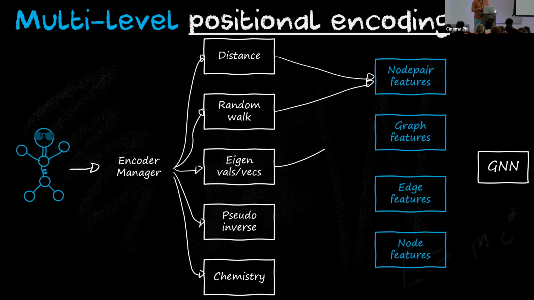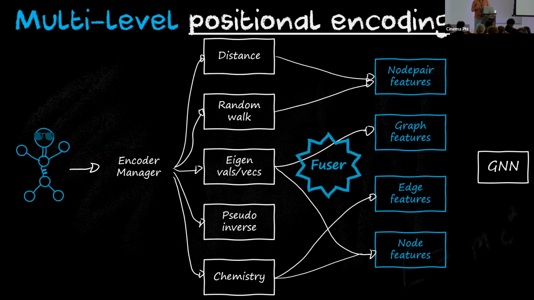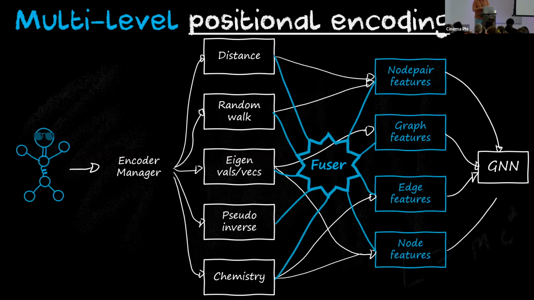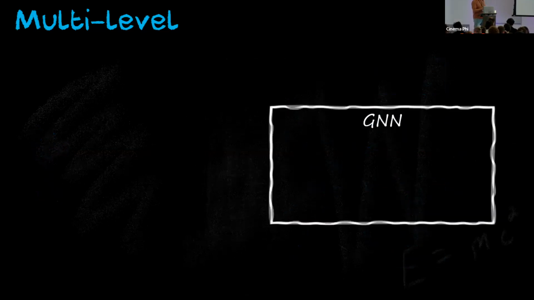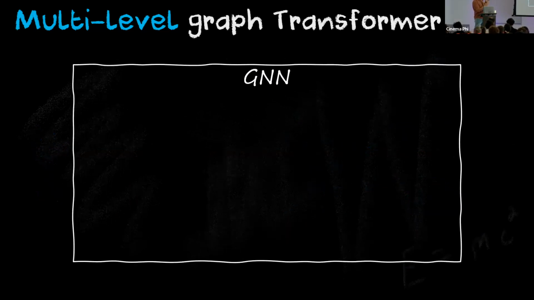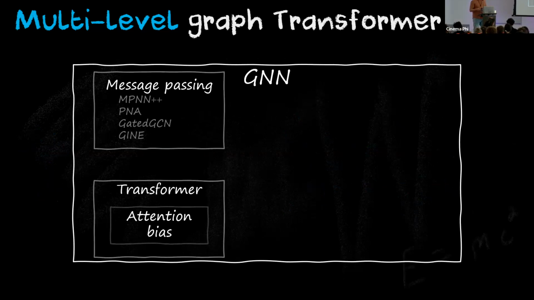These get mapped to whether they are node pair, graph feature, edge feature, or node feature. But we also define this fuser in the Graphium library that allows us to project any of the information at any of the different levels and then pass that all into the GNN. So this is a powerful GNN that is able to take into account the positional encodings that we discussed before, but also the periodic table.